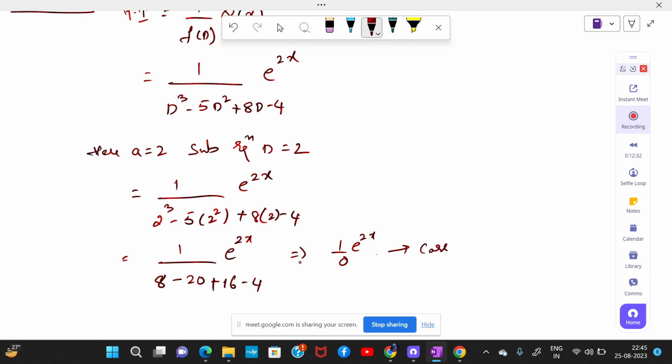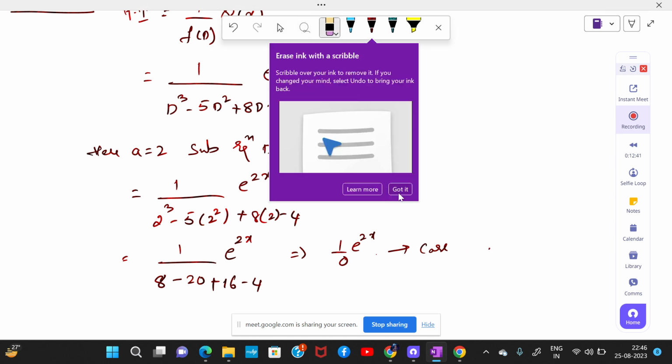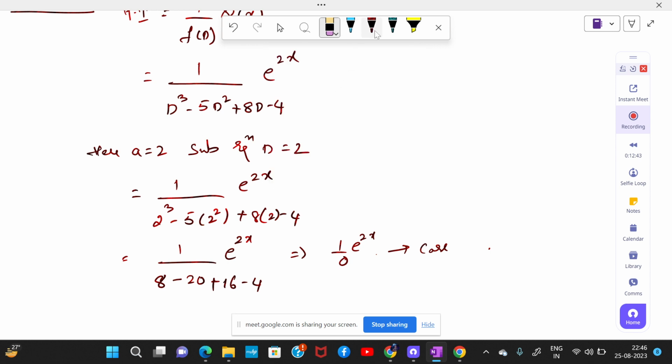It's a case fail. Don't write infinity, something by 0 is equal to infinity. You are not going to write infinity, you are going to write case fails there.